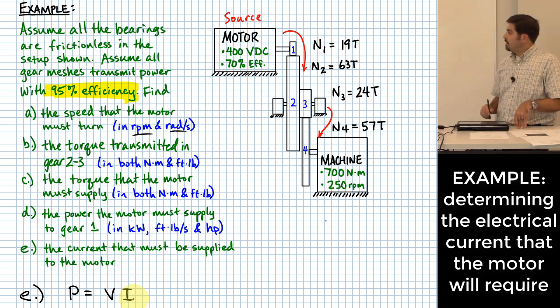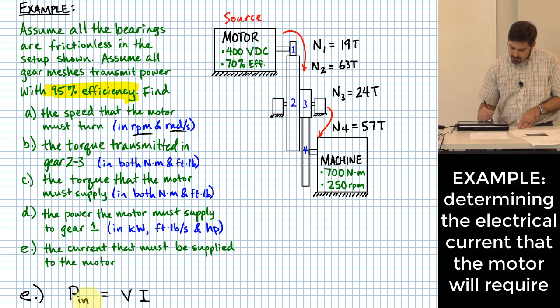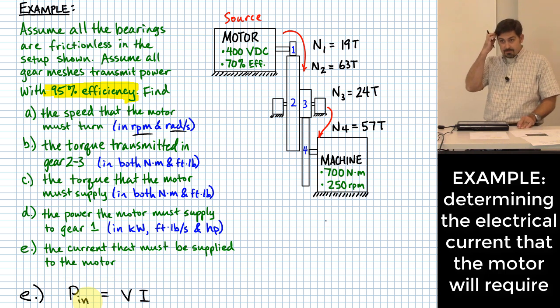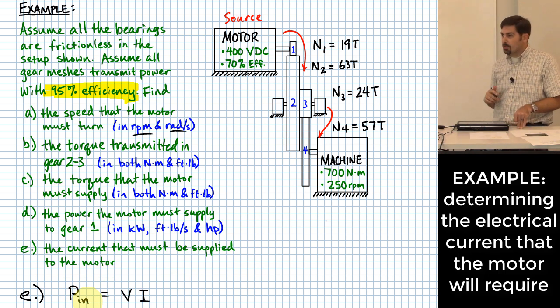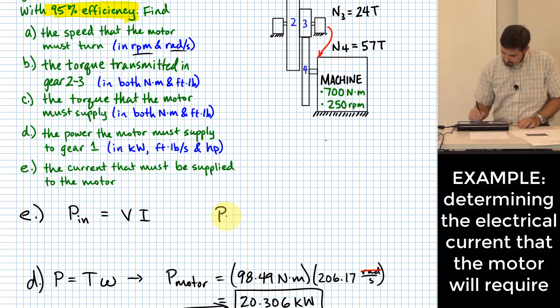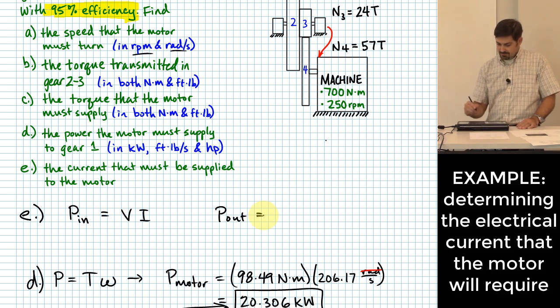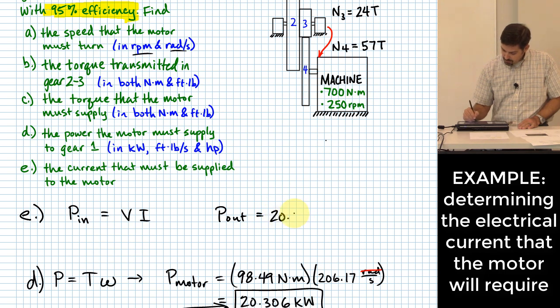Now what do we know in that expression? This is how much power is being delivered to the motor. So I'm going to say this is the power in to the motor. How much power does the motor produce? Right here, 20.306 kilowatts.